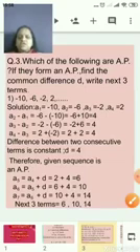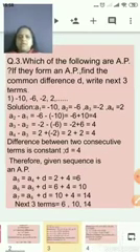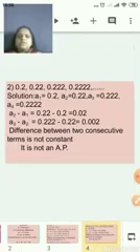This is question number 3 of exercise 5.1. Now, in the same question, we will continue with one more sum, where the sequence is given as 0.2, 0.22, 0.222, 0.2222. First of all, we have to check whether it is an AP or not.